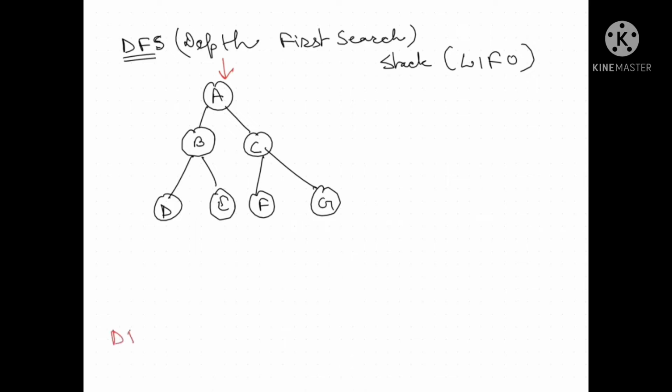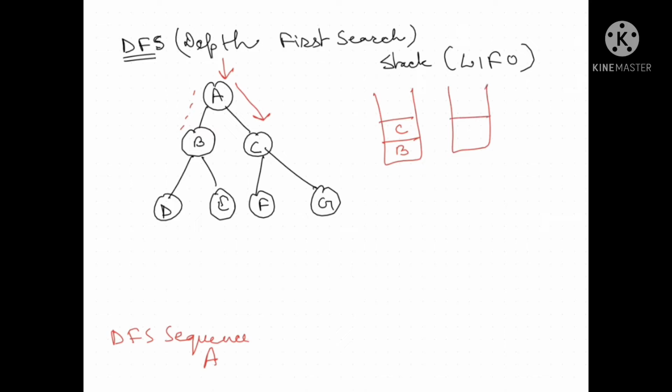So the principle of stack is clear, and on the same principle now we will travel along the tree. First obviously we start with the root. Let me put here DFS sequence. First is A. Now from A you can go either here or here. We will make a stack, and from A you can either go B and C, or C and B. Both the ways are correct.